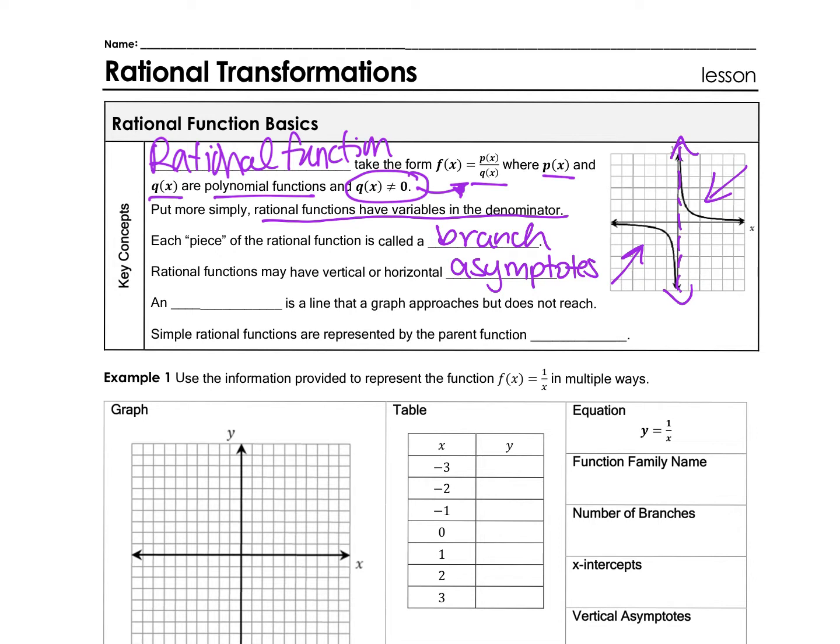That's an asymptote. An asymptote is a line that the graph is approaching but does not reach. Simple rational functions are represented by the parent function, f of x equals 1 over x, which is this graph here. That's your parent function.